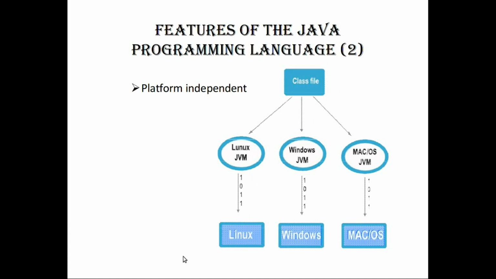Now, every operating system has a different Java Virtual Machine. So you have a Java Virtual Machine for Linux, you have a Java Virtual Machine for Windows, you have a Java Virtual Machine for Solaris, and maybe Mac, any other operating system that you can think of, you have a Java Virtual Machine for that environment.